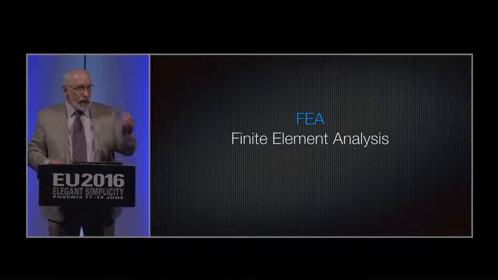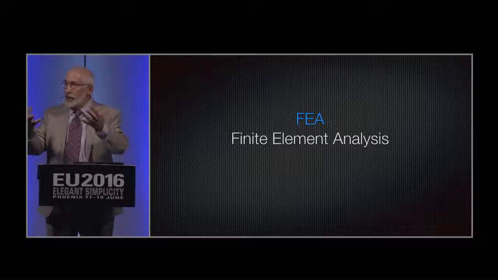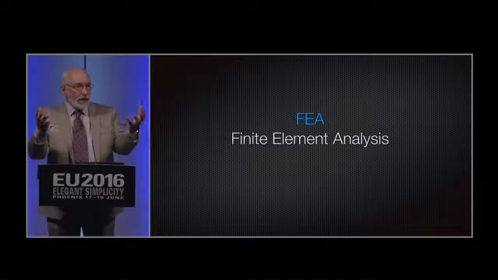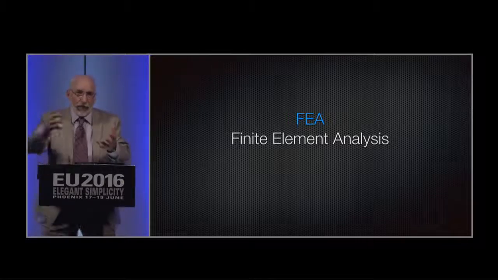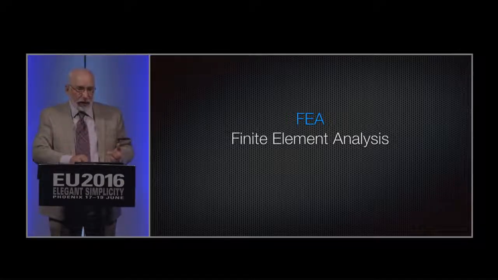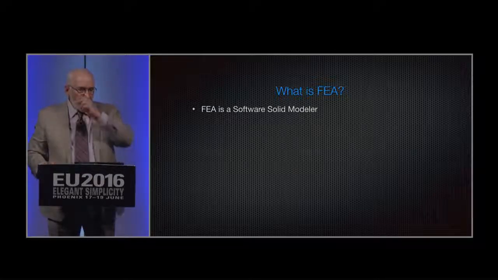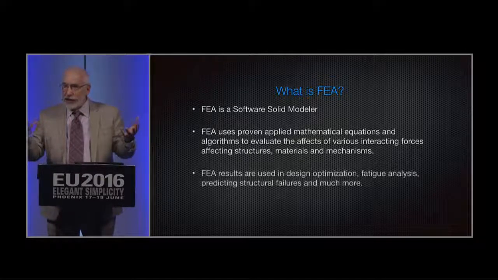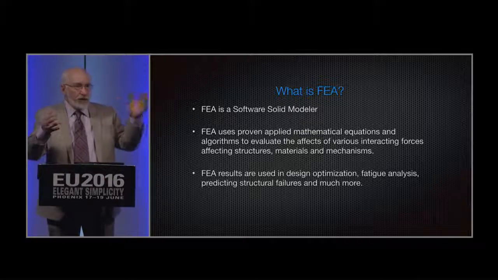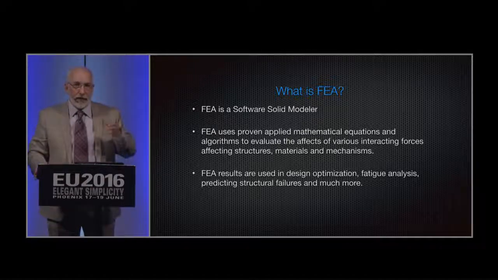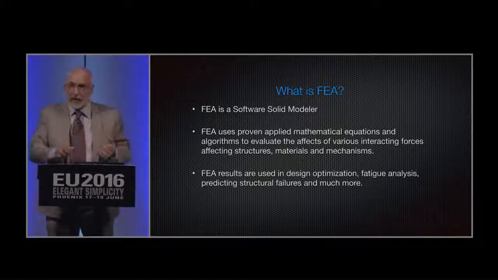So we can take the results that we got from the computational fluid dynamics and read that directly into what's called finite element analysis. That deals with the structure, the strength of materials used in building buildings and cars and virtually every kind of thing that undergoes any kind of stress.